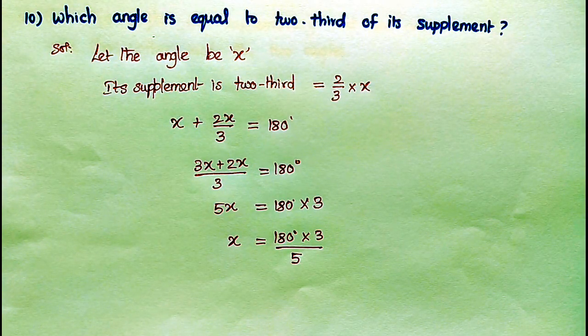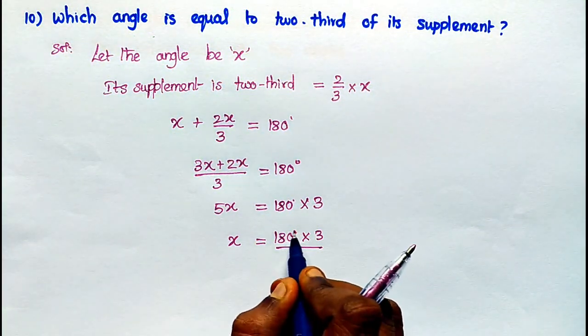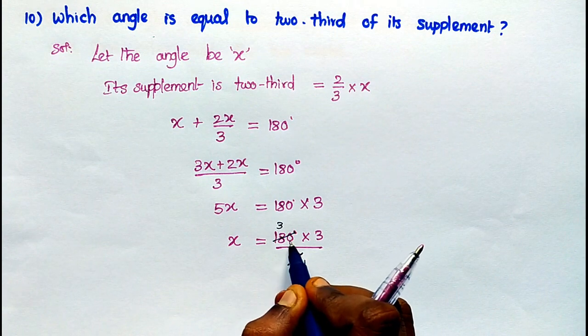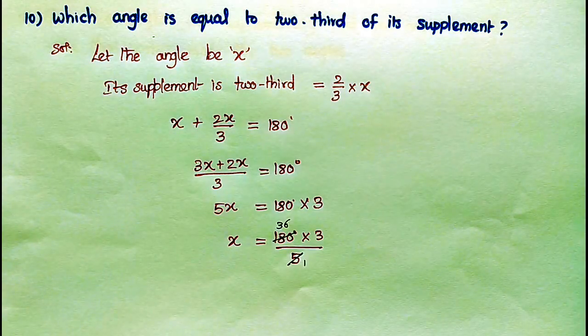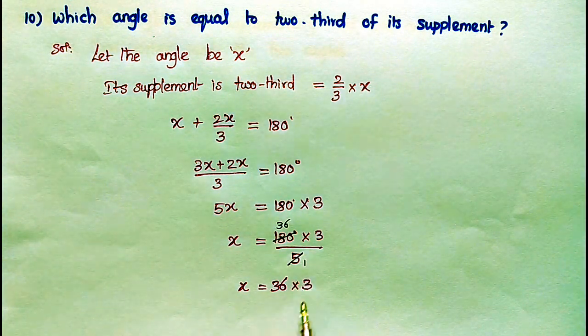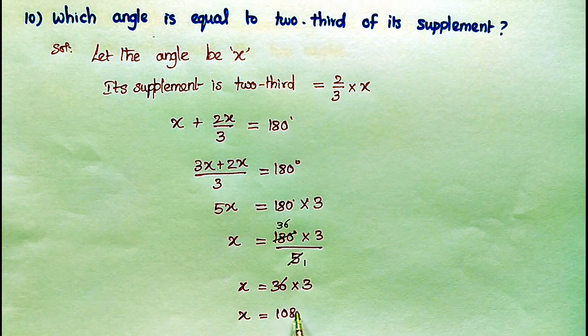Now the cancellation, 5 1 is 5, 5 3s are 15, balance 3, it becomes 30, so 6 times. So remaining number equal to 36 into 3, that is equal to 108. So x equal to 108.